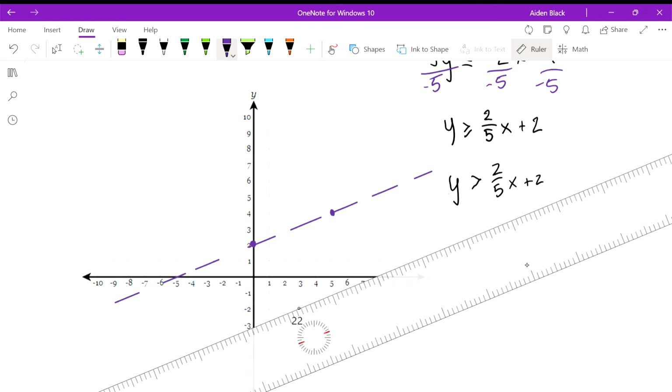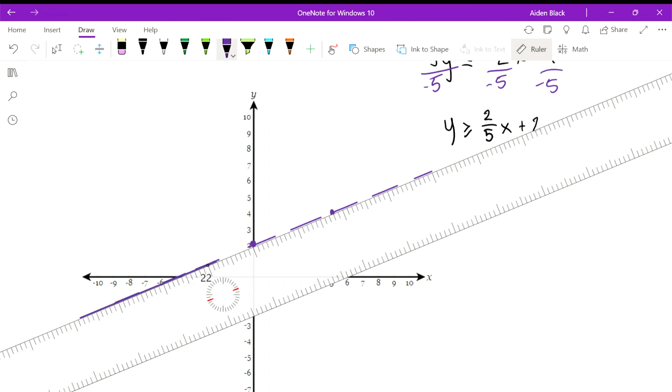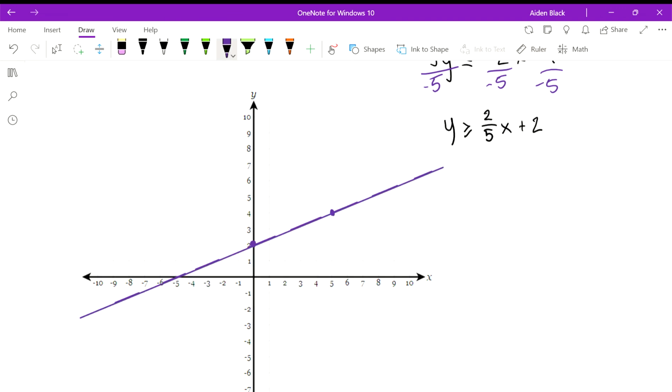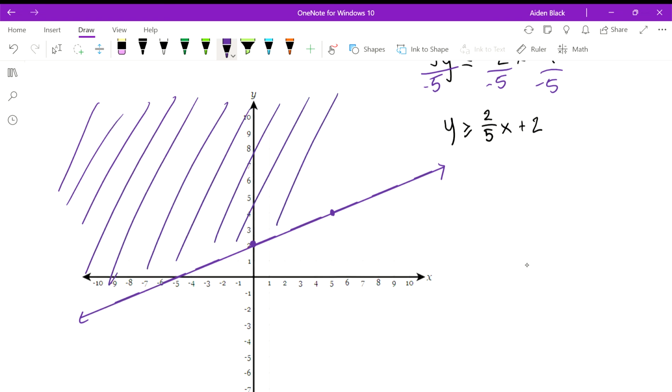But that's not the case, right? We actually have y is greater than or equal to. So it's a solid line all the way through. And it looks like the values we can plug in are greater, so we can shade in all of this region, everything above that line.